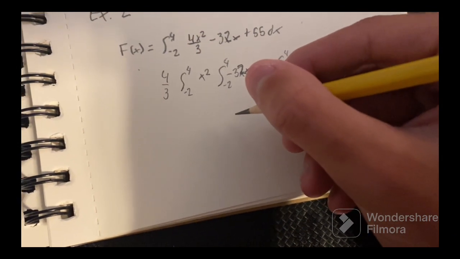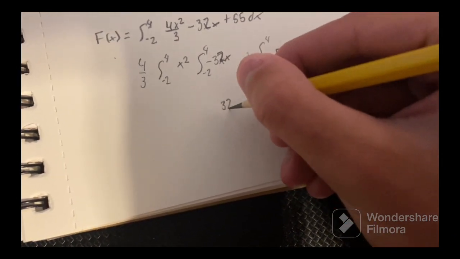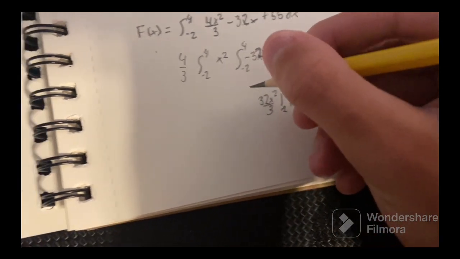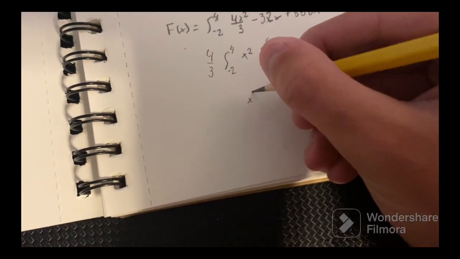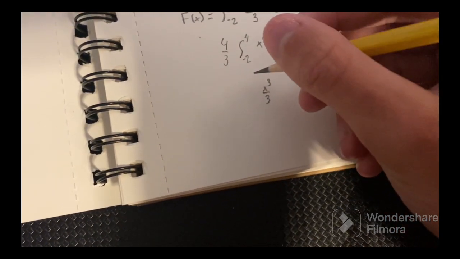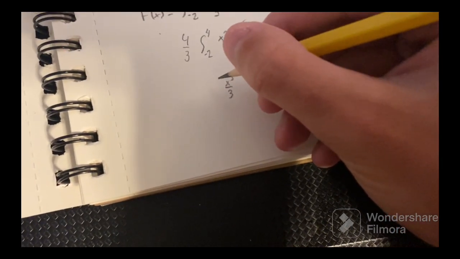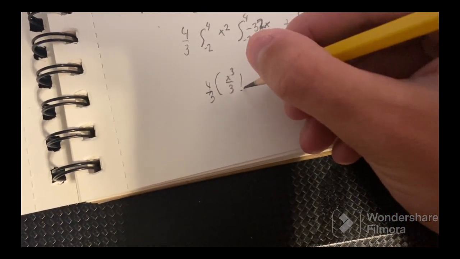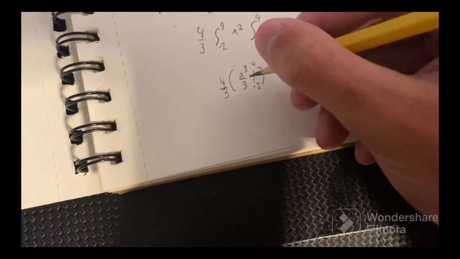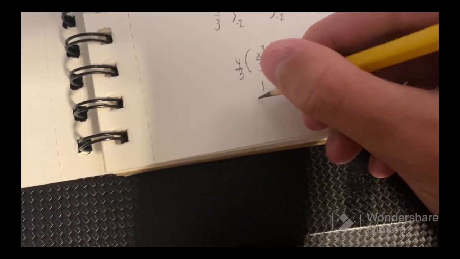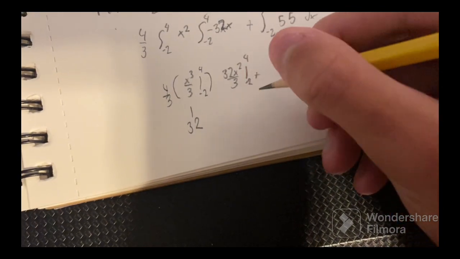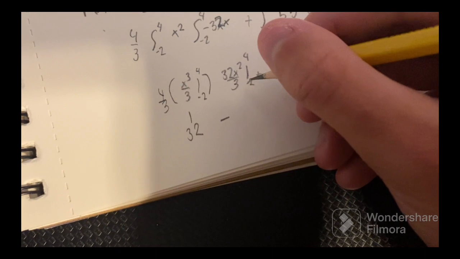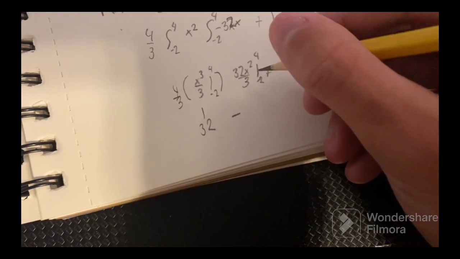Here we got 32x squared over 3 from -2 to 4. And then over here we have x cubed over 3. We multiply that back. We got 4/3 here, and then we have that from -2 to 4. After all that, get down here, get 32, minus, so 32, 32x, that's what we do a little bit of that.